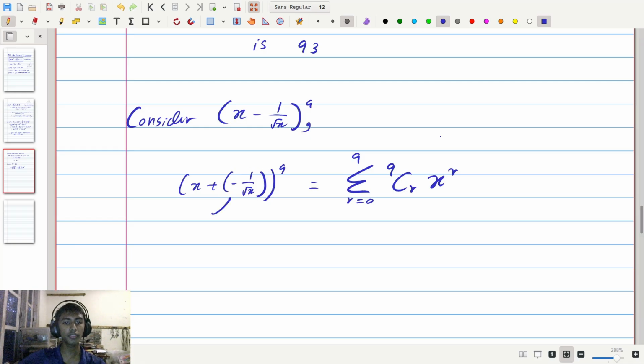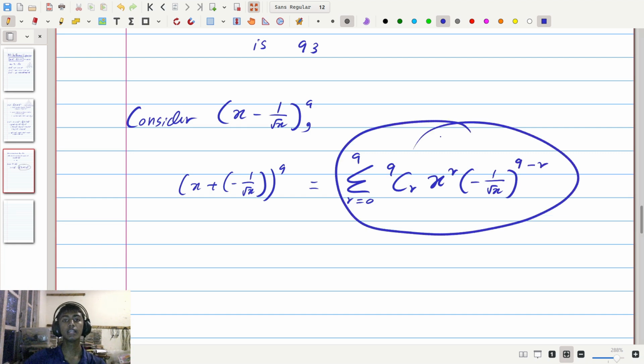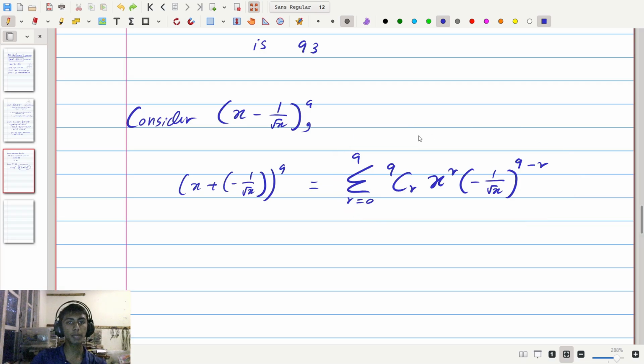This is important, this distinction, that this is negative. So we have (-1/√x) raised to the power of n minus r, which in this case is 9 minus r. So this right here is the sum of all the terms that come out of this thing right here, this (x - 1/√x)^9.